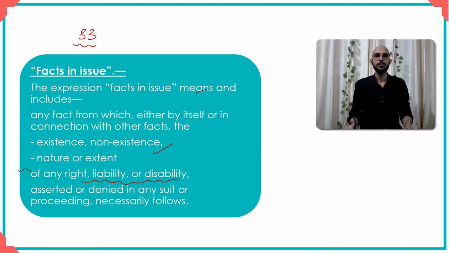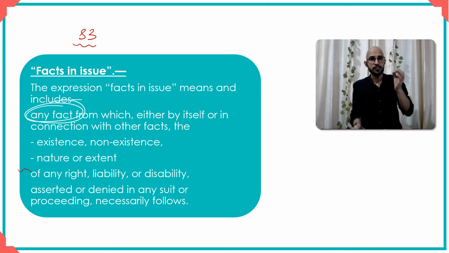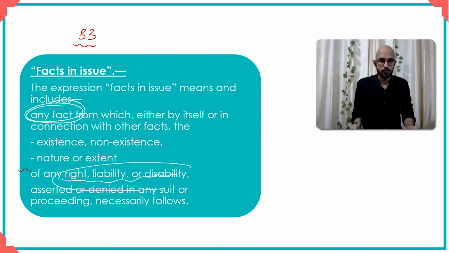Now, what do we mean by this? It says that a fact in issue is basically a fact. A fact in issue is a kind of fact. So we just saw what a fact is. A fact from which the existence, non-existence, nature or extent of any right, liability or disability necessarily follows.